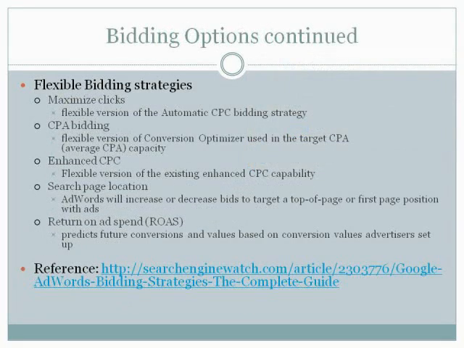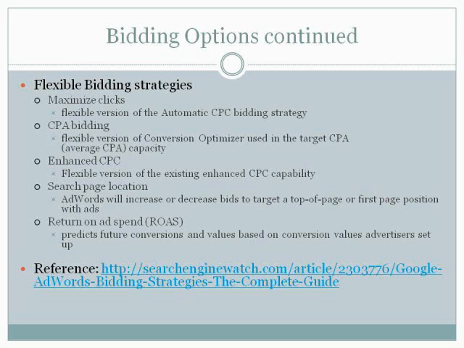So there are flexible bidding strategies that automatically set bids to optimize for certain goals that you would establish along campaigns or ad groups, etc. And so these break down, and they correspond pretty well with the ads on the front page that we just looked at.